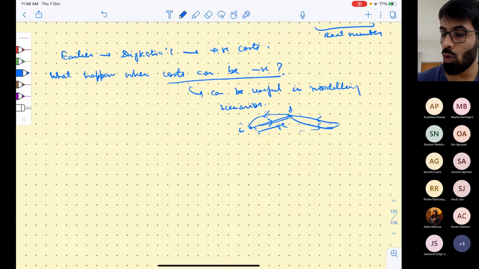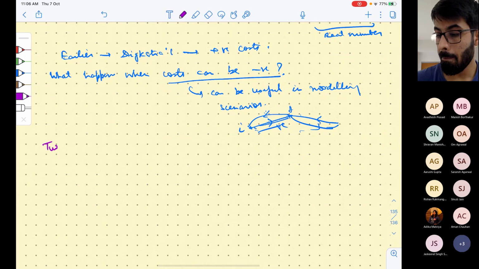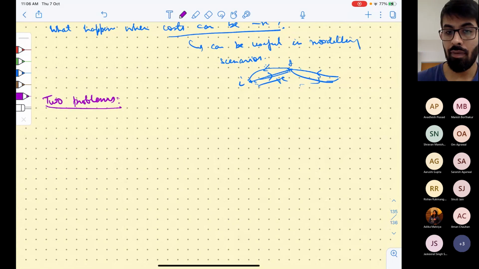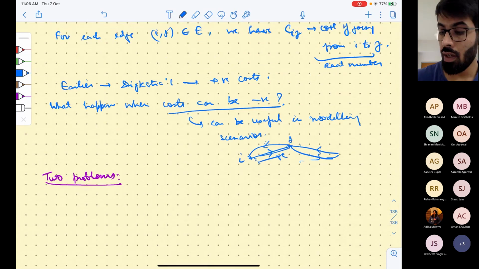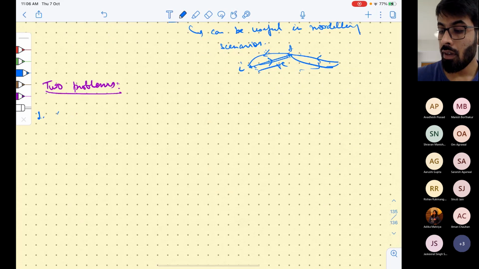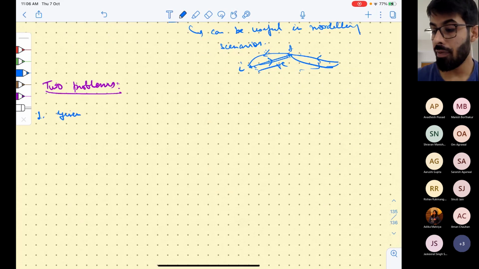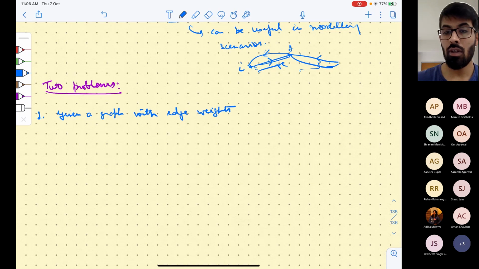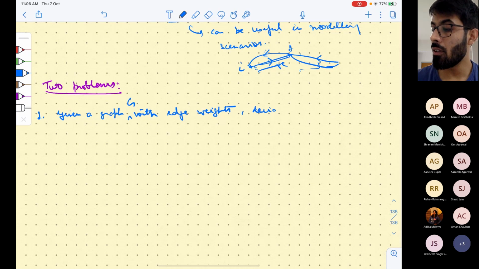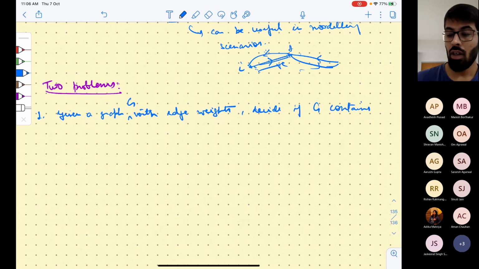So now we'll be considering two problems here. First is, given a graph with edge weights, let's say the graph G, decide if G contains a directed cycle of negative cost.